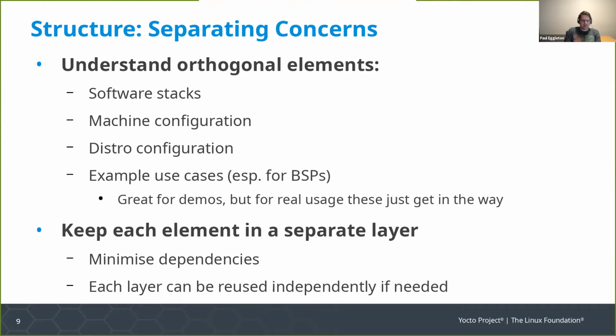Separately to that, machine configuration, what is needed to support a particular target machine. Distro configuration, your desires and preferences and choices for the layout of the image that you're building, or the OS.